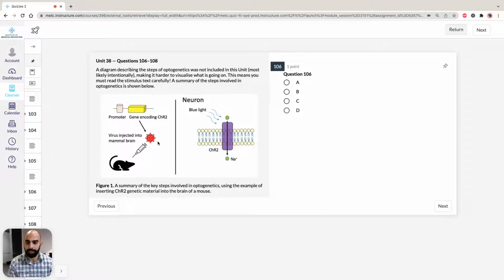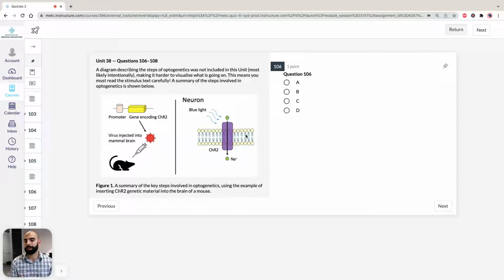It's obviously in a virus, so it's not going to do any harm. You inject it, for example, here in the mammal brain. So we've got a mouse, and when we put it into the mammal brain, they don't say this specifically, but you have to understand that the promoter then facilitates transcription of the gene, and then the gene can get translated into the protein, which gets inserted here into the neuron.